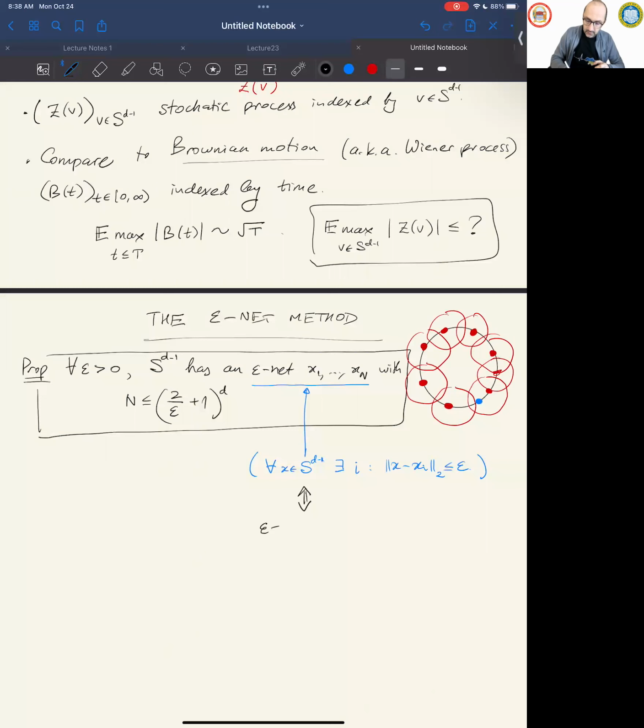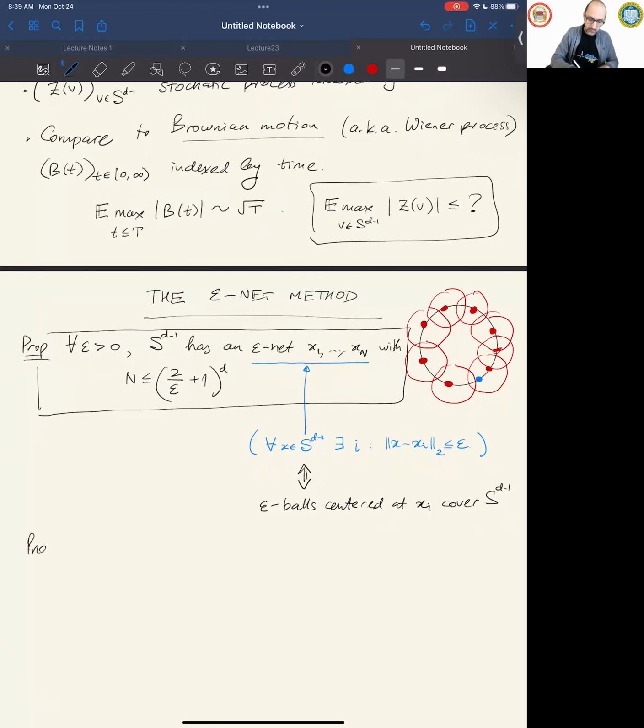So the balls of radius epsilon, centered at xi, cover the entire sphere. Is this clear? Yeah, because every point is within epsilon from xi, and that means that the epsilon ball around xi covers that point, and that happens for all. So it's just a covering. We're looking at the covering of the sphere with a small number of balls.